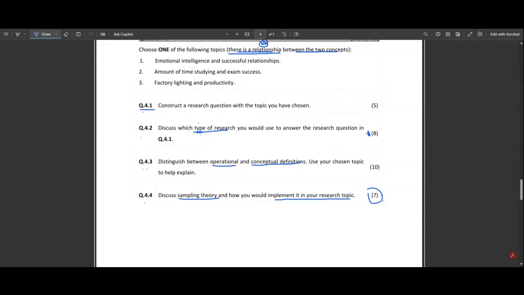Simple random sampling was probably the easiest one to use. Stratified, if you wanted to make it complicated for some reason. You got marks if you identified the correct type of sampling, probability-based, for instance simple random sampling, and then explained how that would work.